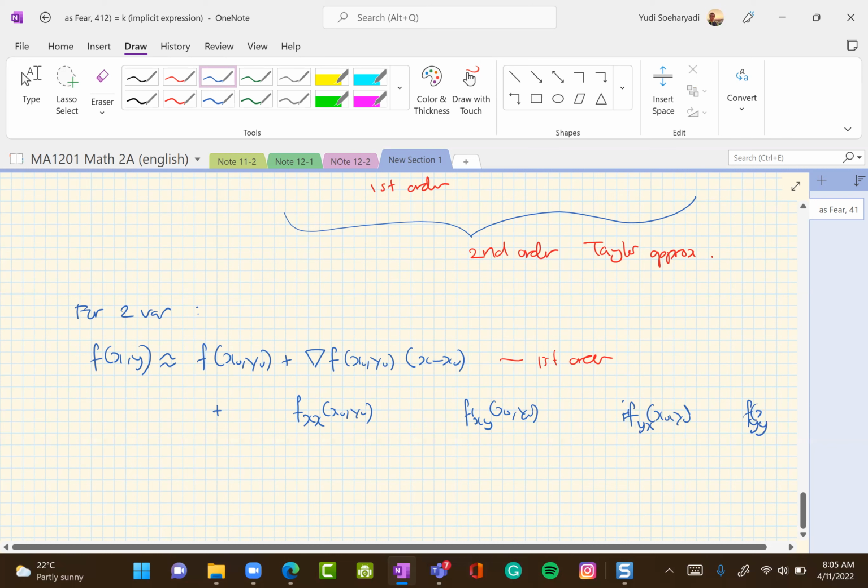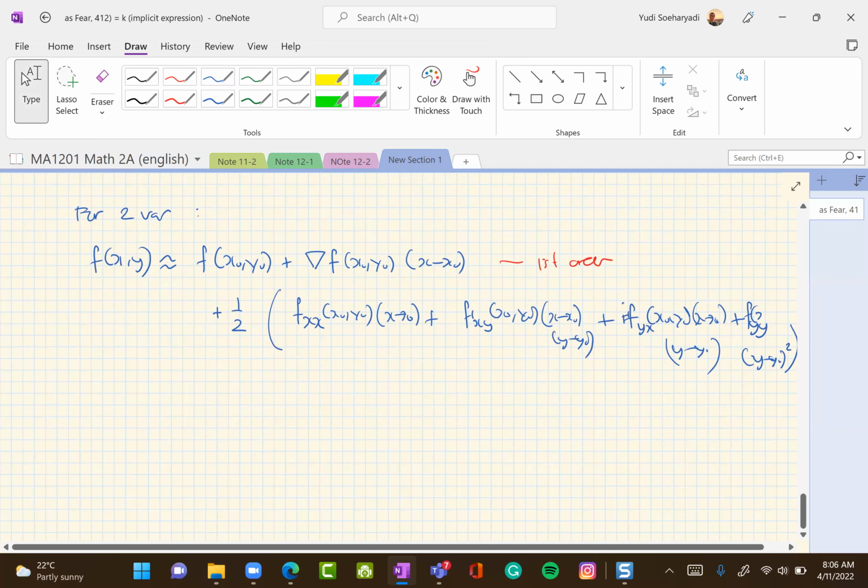Okay, so that's the second derivative. So for the second derivative, we still have this. Okay, plus it's also multiplied by this. So the second order term is this one actually.